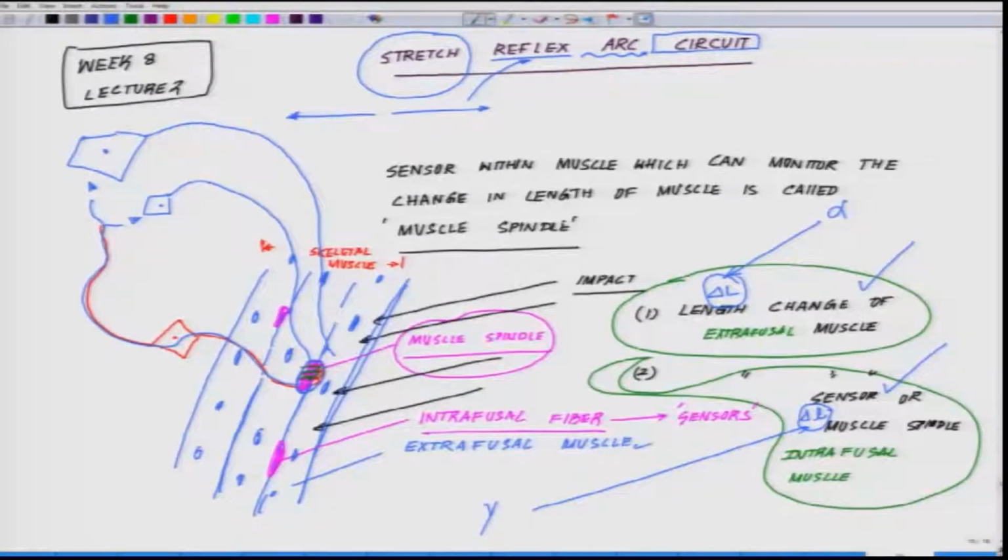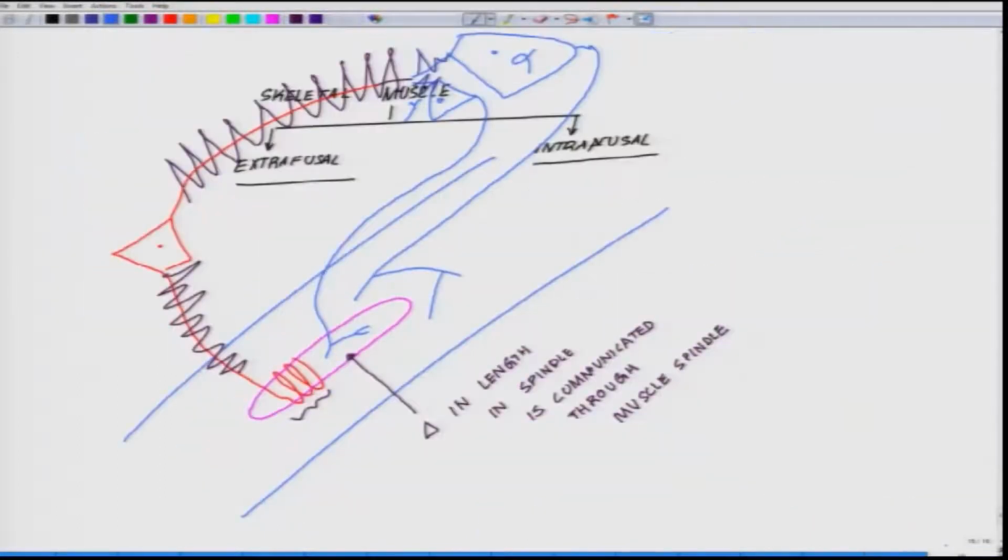In this simplest of circuits, if you want to mathematically explain it, how many events are happening? So now we will enumerate all the events, so that this concept gets into your mind. Step 1, impact.